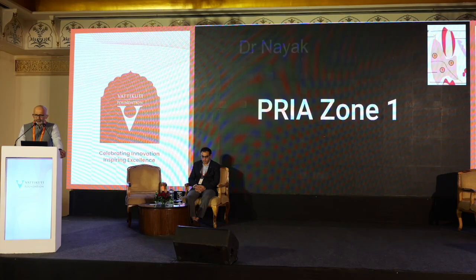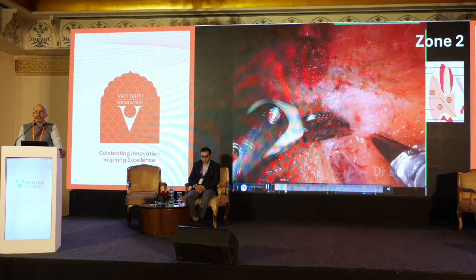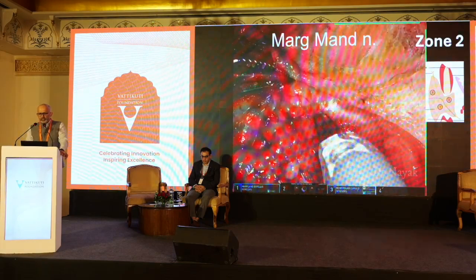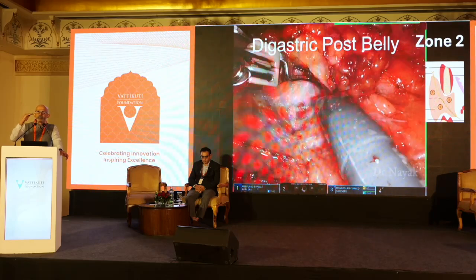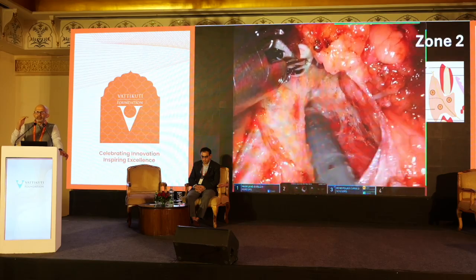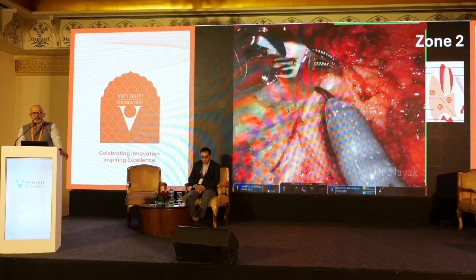I showed you zone 1. Zone 2 is what I had submitted. I think any of you who have gone through the videos will know what we do here. Again, the same thing, but what happens here is the tumor is located deeper to the facial nerve. So, preserving it by gentle dissection all around the nerve is extremely important.